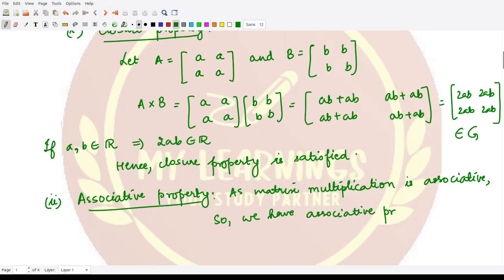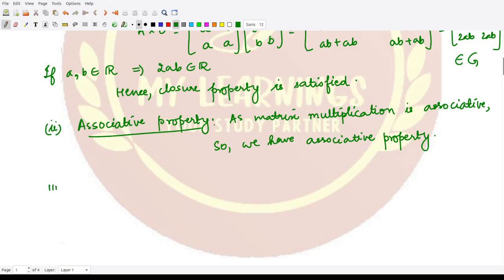Now let's move on to the third property, where we need to check whether the identity of this group exists or not. So let's see the existence of identity.